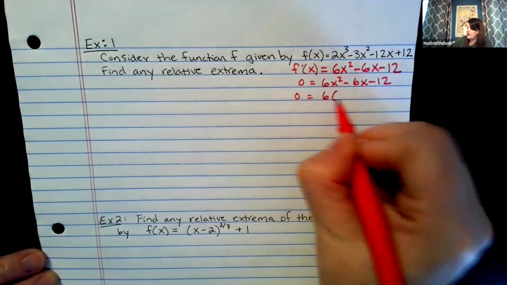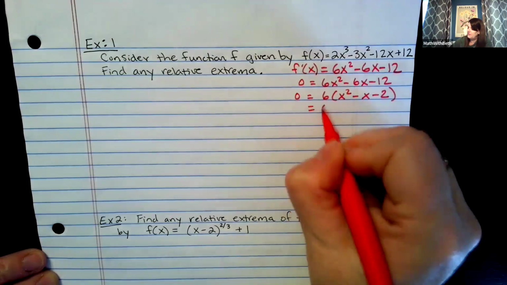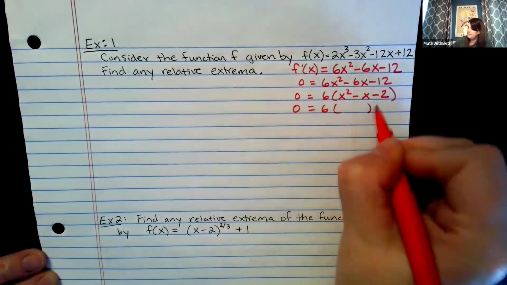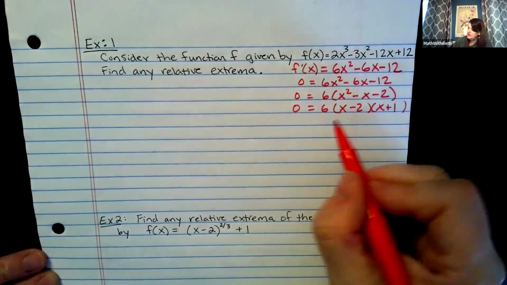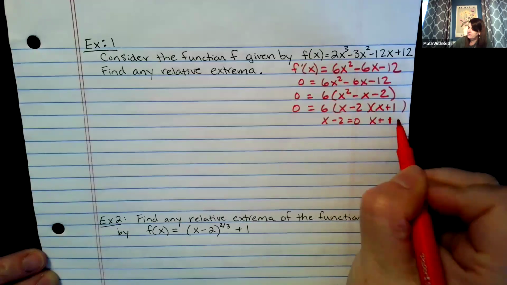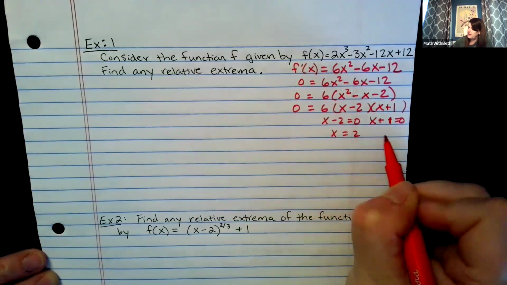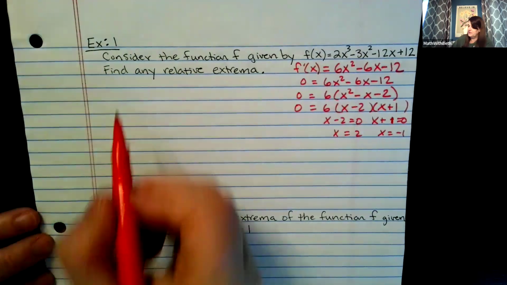So I can factor out a 6, and then I can factor more to x minus 2 and x plus 1. So setting everything equal to 0, I get 2 and -1 as my critical points.